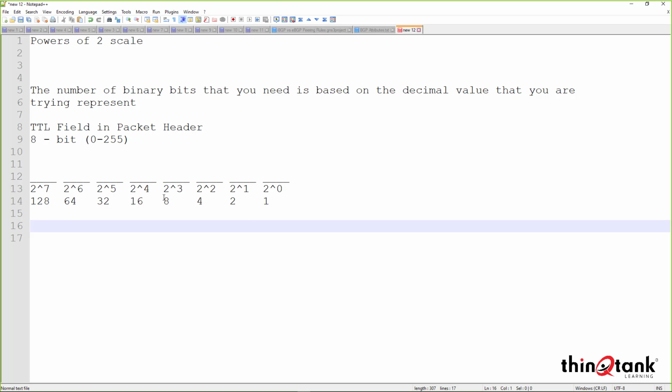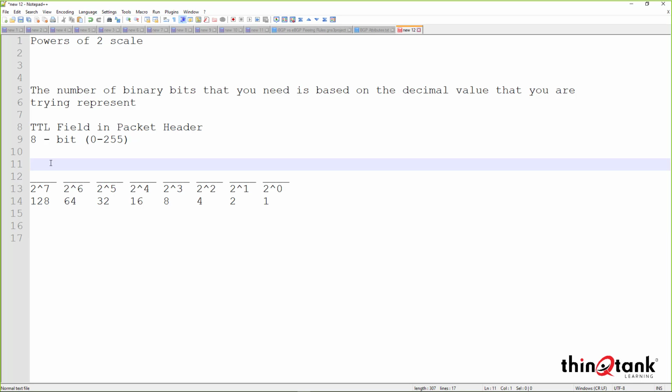All right? And I know that you guys probably know this already. To represent any decimal number, you simply turn on the bits that add up to the value of that decimal number. So for example, I've got 128 plus 32, which is 160, plus 16 is 176, plus 4 is 180, plus 1 is 181.